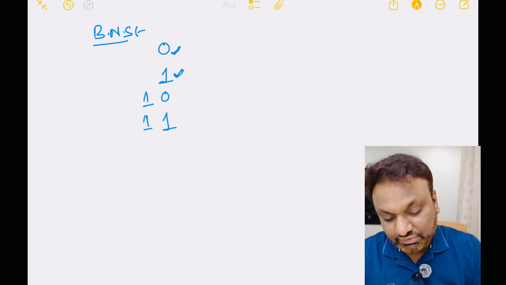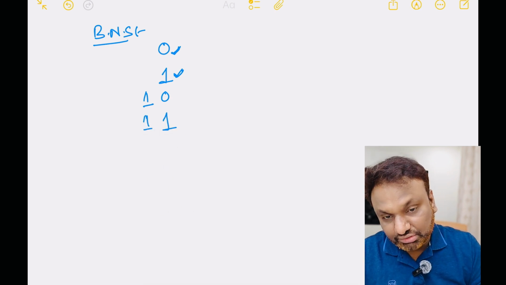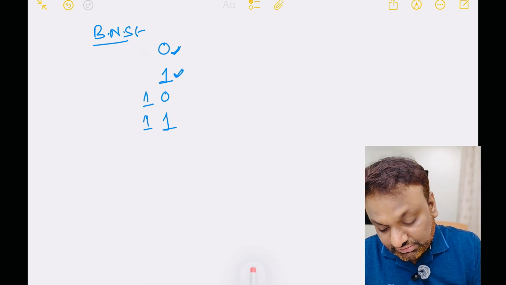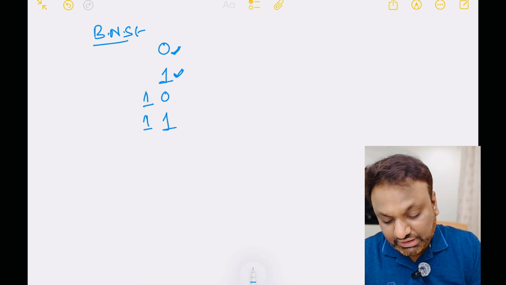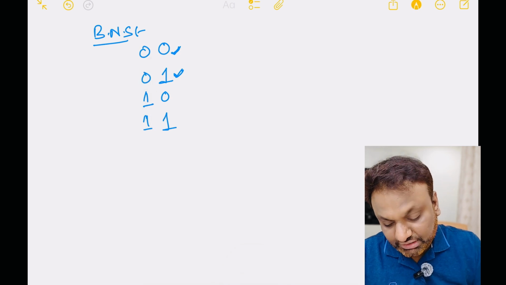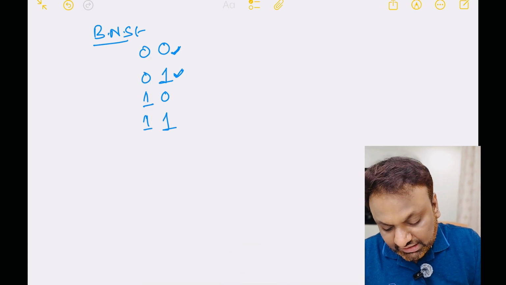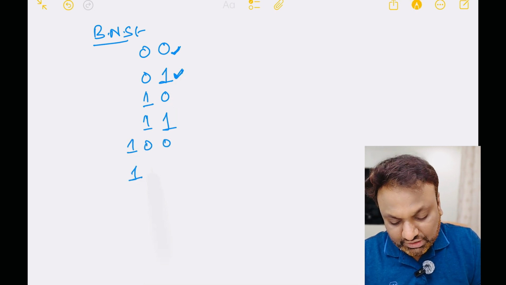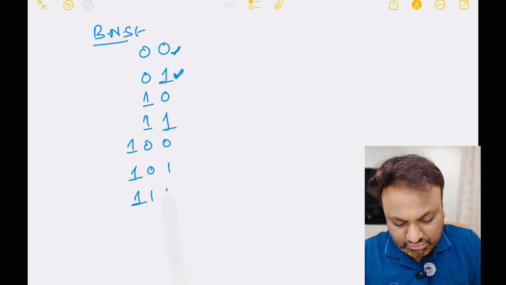Once this is completed, if I want to write the next numbers, they will be 0001 now in 2 bits. Again I take a 1 here and repeat the sequence: 100, 101, 110 and 111.